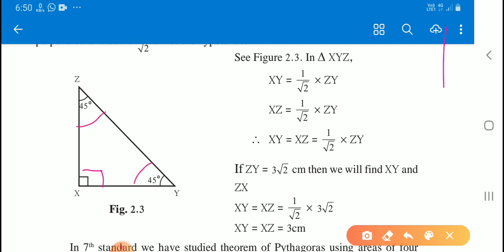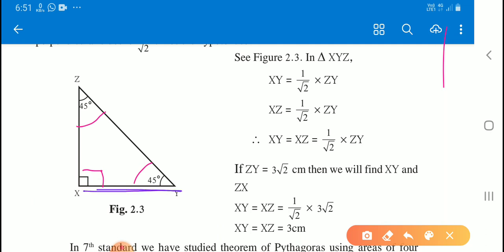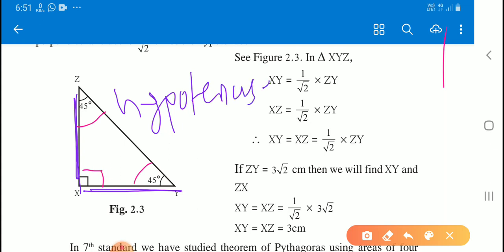Now look, according to the property of 45 degree and 90 degree, the sides opposite to 45 degree, which sides are there? First of all the side XY and another side XZ. So these both sides, and ZY is the hypotenuse.